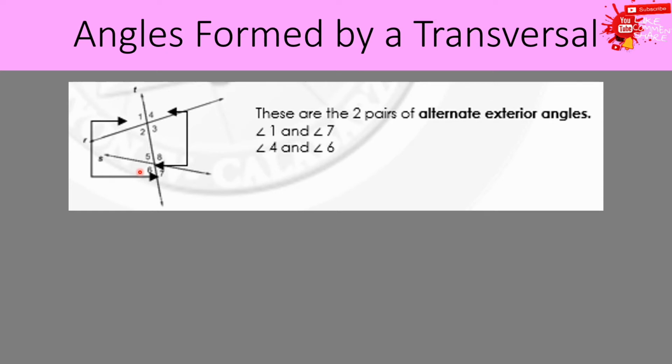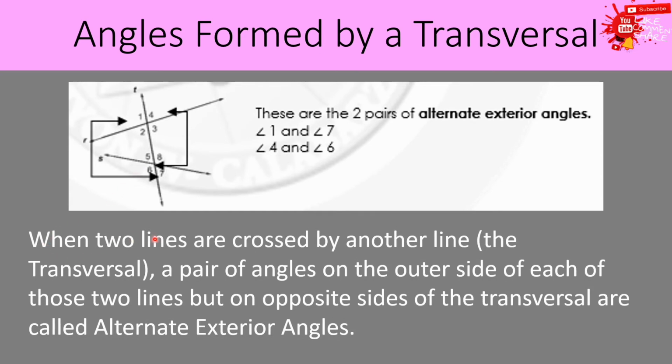This is the opposite of alternate interior angles. When two lines are crossed by another line, the transversal, a pair of angles on the outer, take note, outer side of each of those two lines, but on opposite sides of the transversal, are called alternate exterior angles.